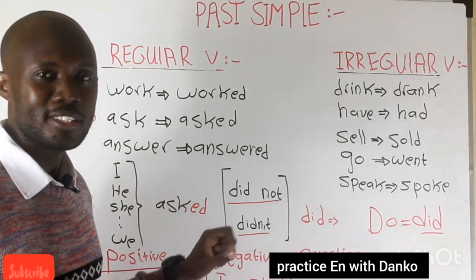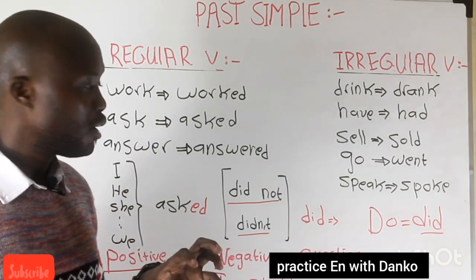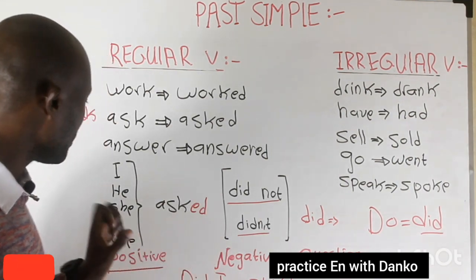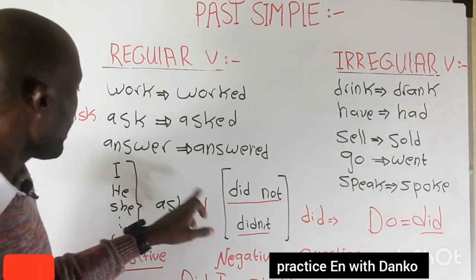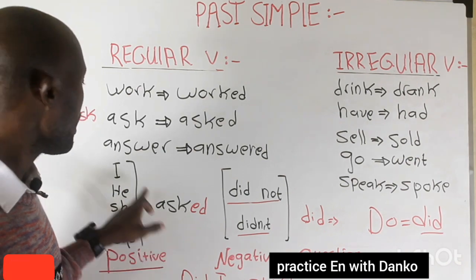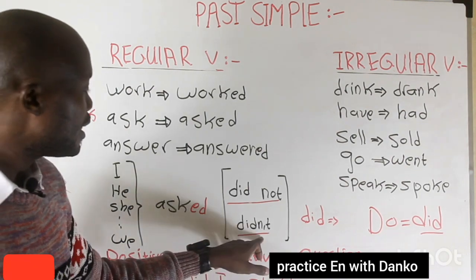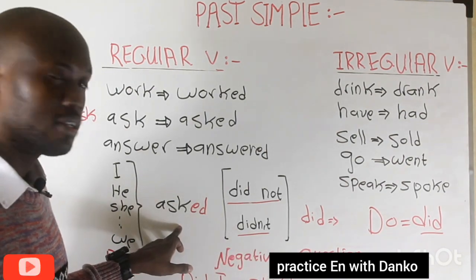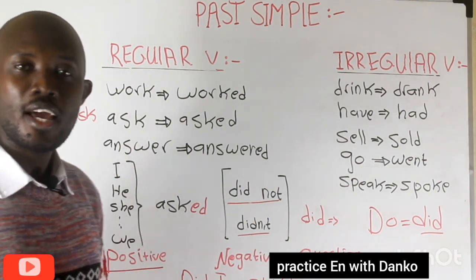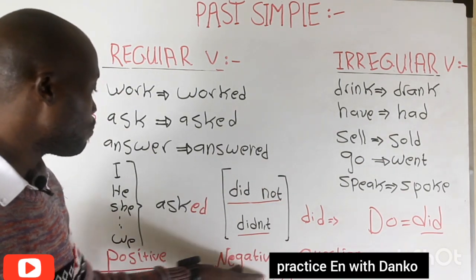Didn't is a contraction. Okay, so if we want to make a negative form, we need the auxiliary verb, as you remember. So the sentences become I did not ask. Okay, he did not ask. She didn't ask. They didn't ask. We didn't ask. That is a negative form.